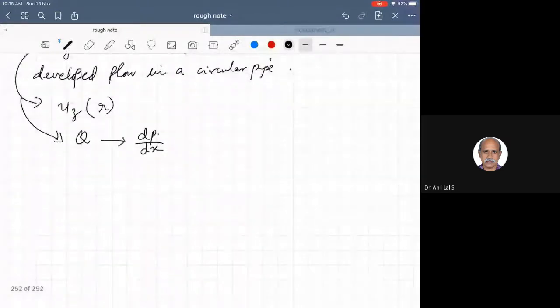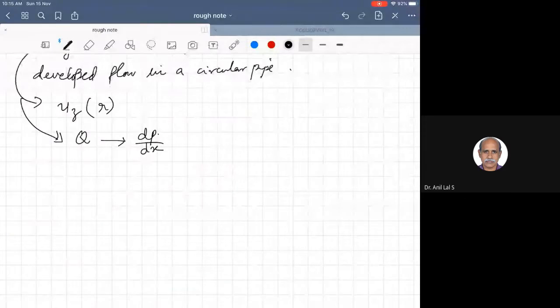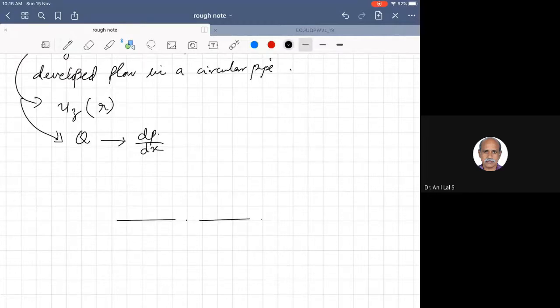So for the flow through a pipe and developed flow, this is the central line axis of the pipe, and this is the pipe wall on one side, and maybe after 180 degrees, there will be one more on the bottom.